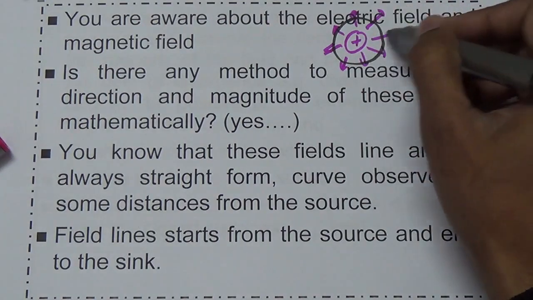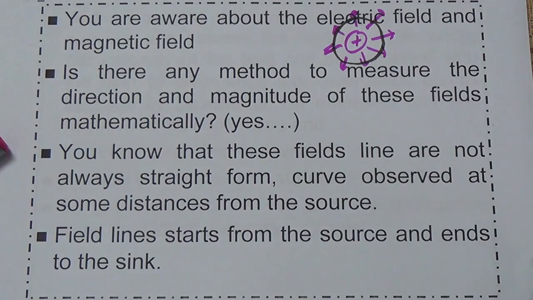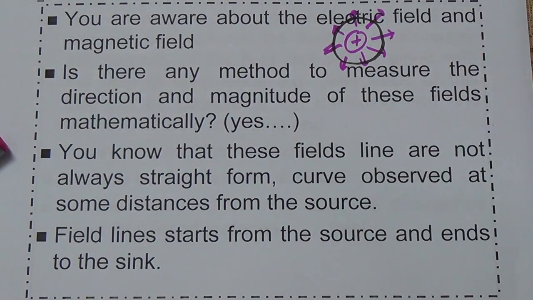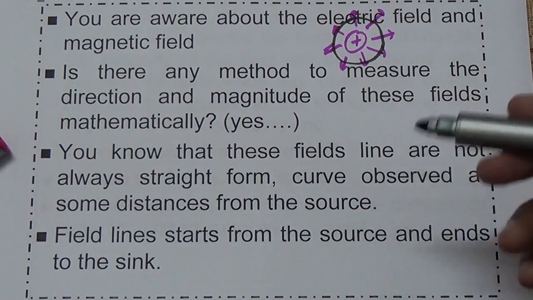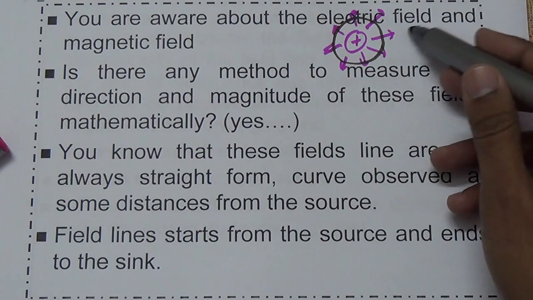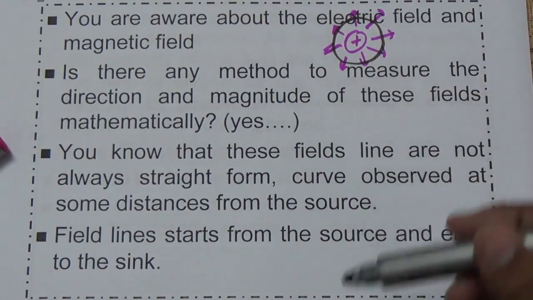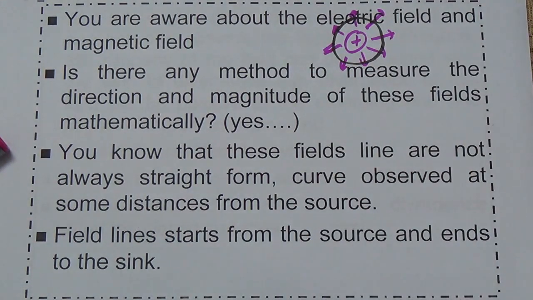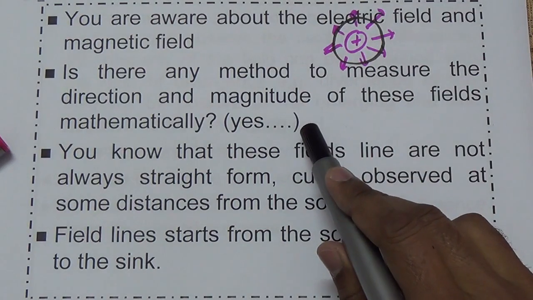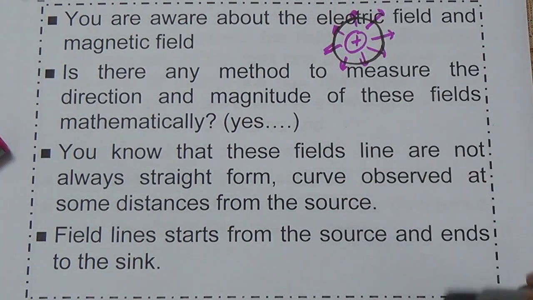This time we are showing electric field lines outward from the positive charge. Is there any mathematical formulation with which we can say the electric field line direction? We can measure the magnitude of these electric field lines. Yes, we have some mathematical methodology to measure the direction and the magnitude of this electric field.